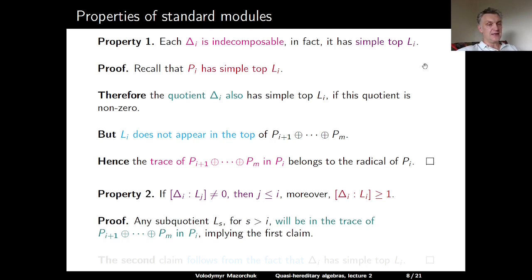Any subquotient Ls where s is greater than I will be in the trace of Pi plus 1 and so on Pm in Pi, because this s appears among I plus 1, I plus 2, and so on M. And so it will be factored out from Pi when we define delta I, so any such subquotient Ls cannot appear in delta I. And this implies the first claim. And the second claim follows from our proof of property 1, where we proved that delta I has simple top Li. So Li appears in delta I with non-zero multiplicity.